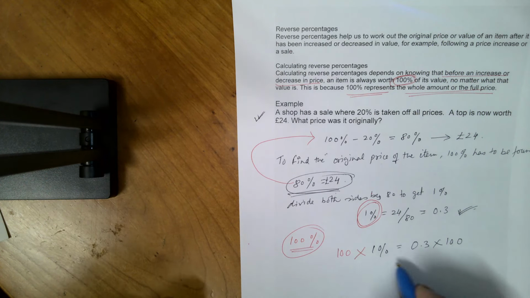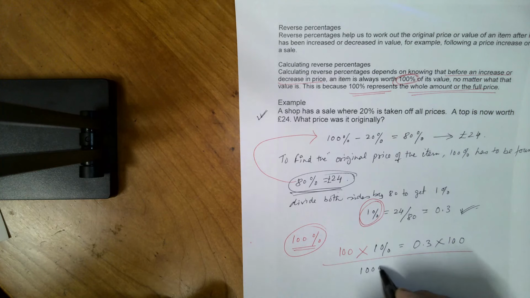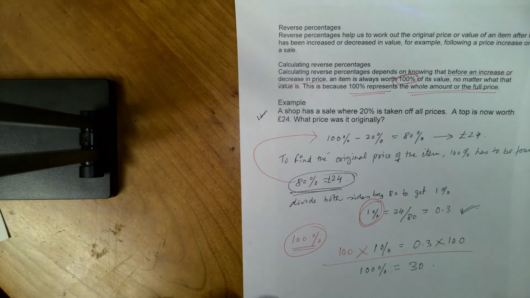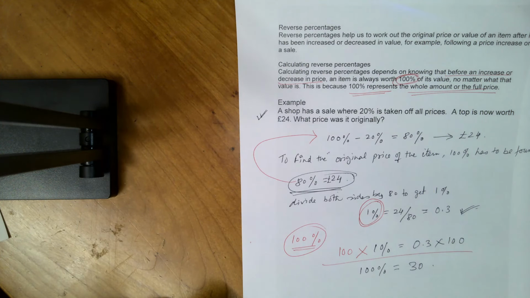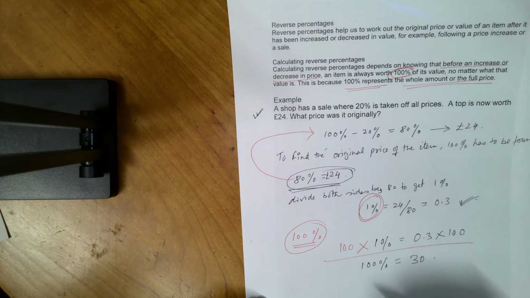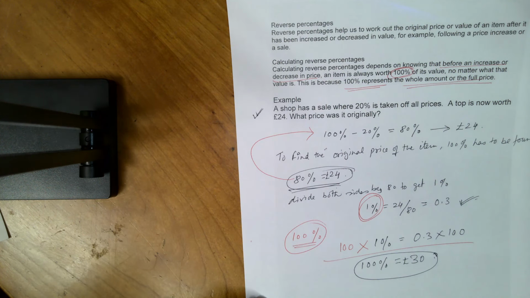Okay, so what we got here now? 100% equal to 30. So 100% of the value of the top is worth £30.